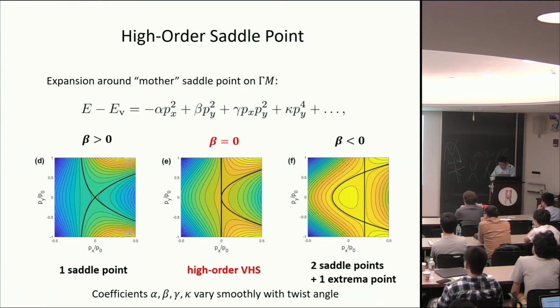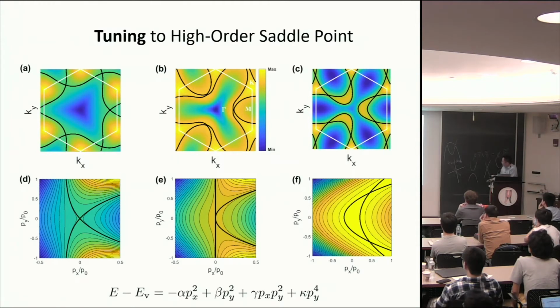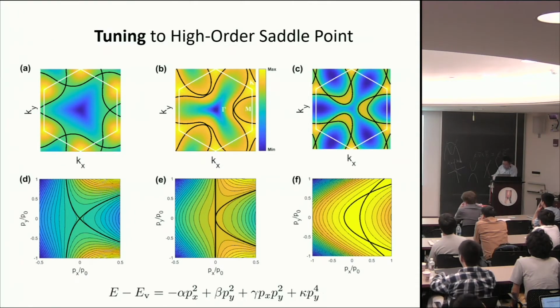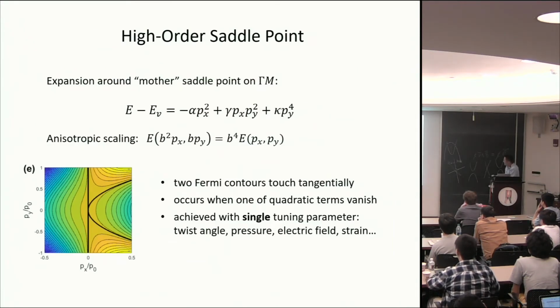And indeed, when we look at the band structure calculations, at certain twist angles, we see that at the Van Hove singularity, the Fermi surfaces touch each other tangentially. This is all consistent with what we expect from this expansion. So this is what we're going to focus on, this high order saddle point.